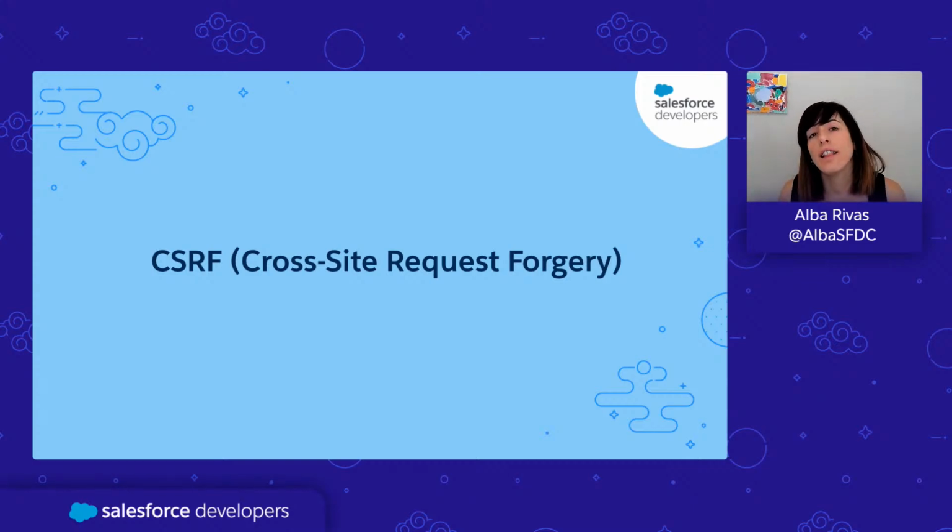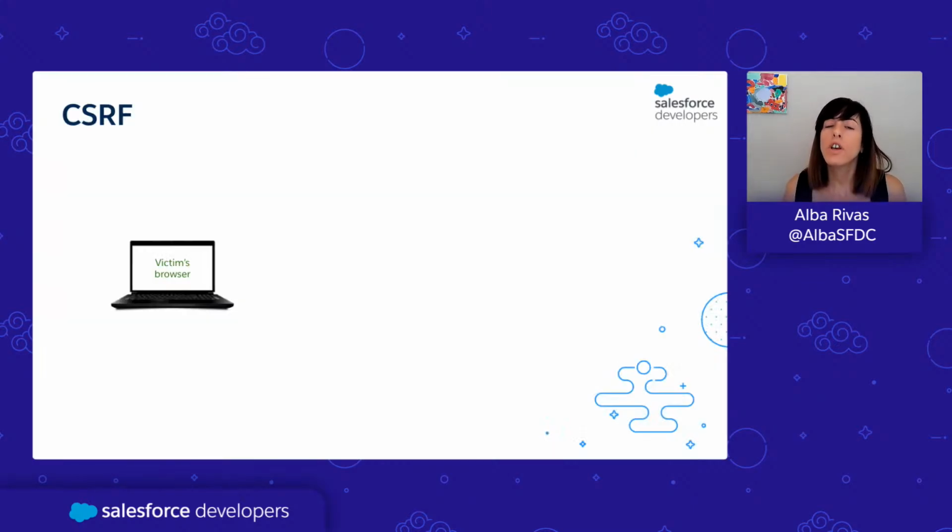So the third and last vulnerability that I'm going to talk about today is cross-site request forgery. And this is normally shortened as CSRF. So what happens with CSRF? Imagine that this is the victim's browser, right? Your customer.